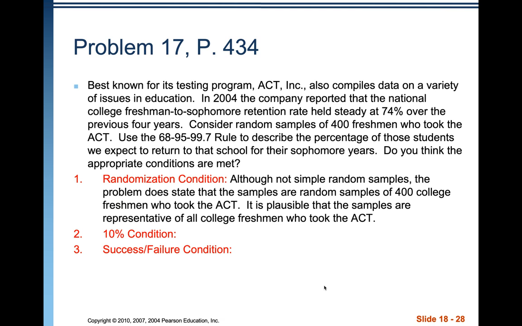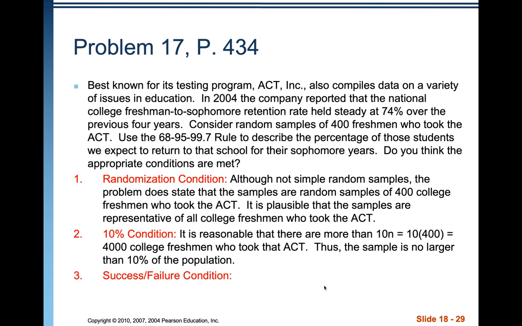Although not simple random samples, the problem does state that the samples are random samples of 400 college freshmen who took the ACT. It is plausible that the samples are representative of all college freshmen who took the ACT. 10% condition. It is reasonable that there are more than 10 times n, so 10 times 400, which is 4,000 college freshmen who took the ACT.